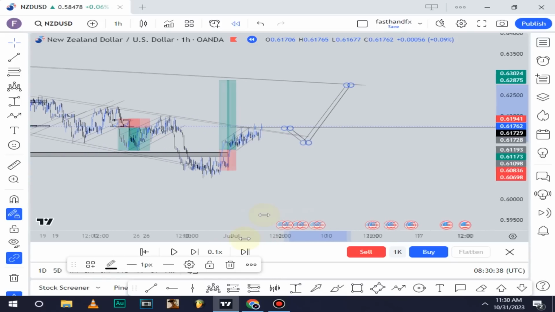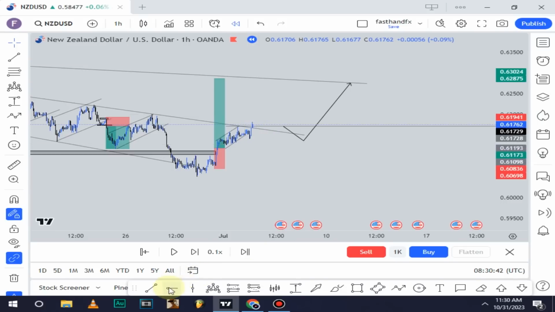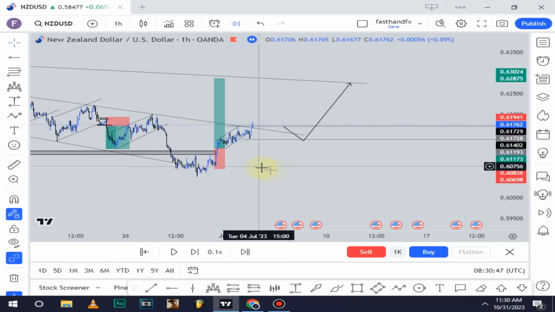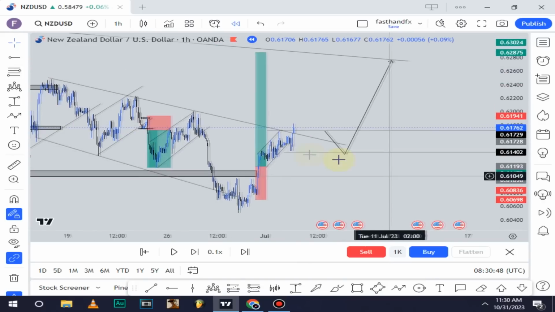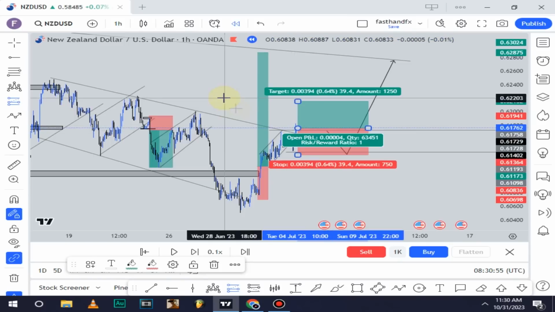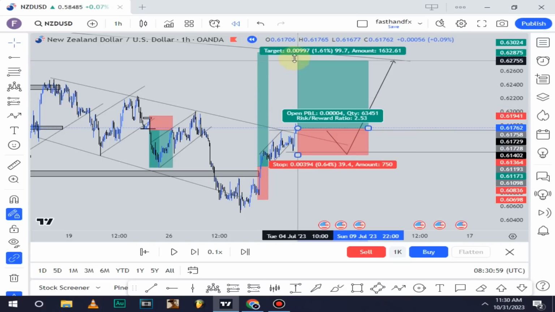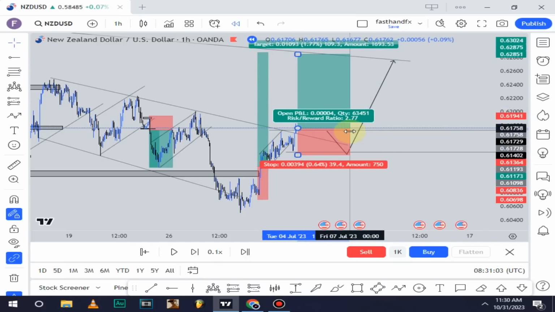We have this as a high, and the market broke it, so let's make our stop loss below this zone. If I did not make this entry right here, I would have made my entry over here, then stop loss below that zone, and now target high. So let's say that is maybe our second entry position, right? Let's see how the market behaved.